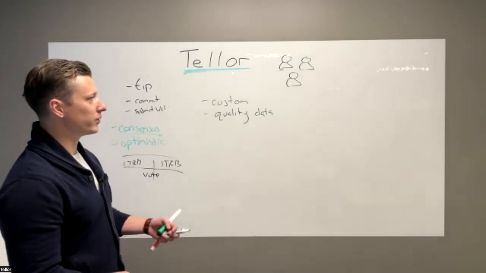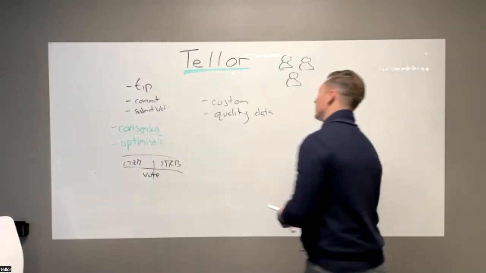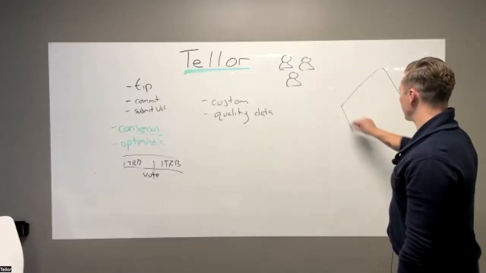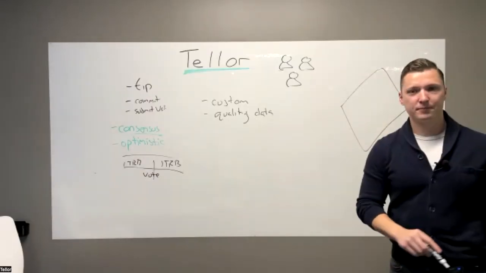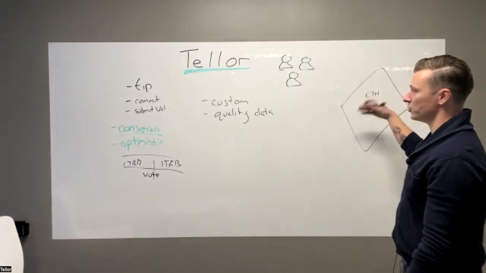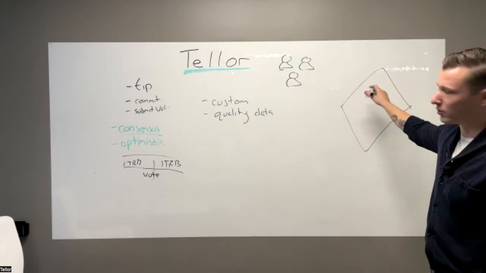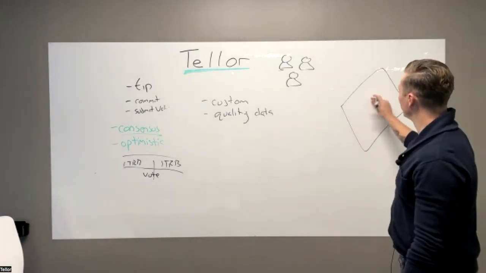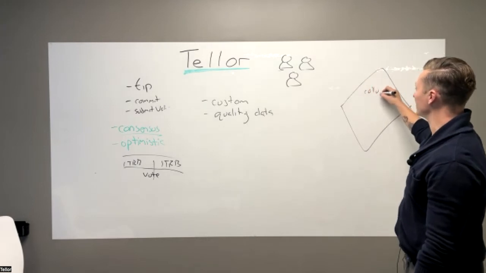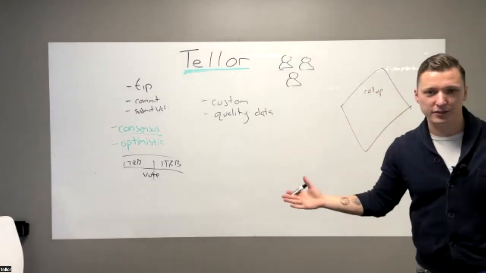But anyway, we can talk quality data in a sec. This is a bigger design piece for users. Let's say this is ETH over here, and there's some rollup over here that wants Tellor data. How do they read Tellor data?